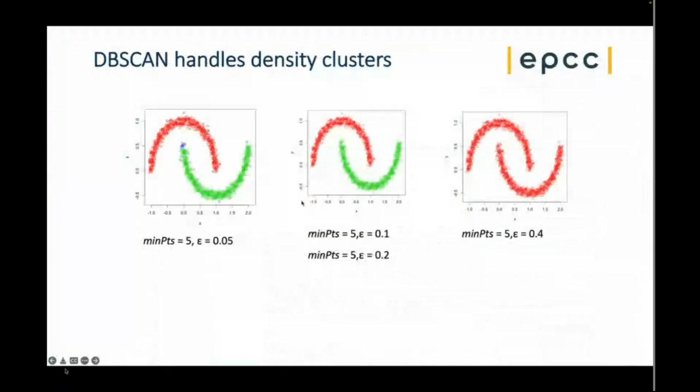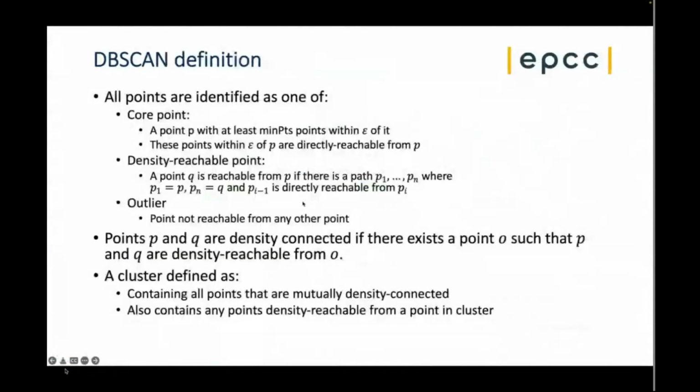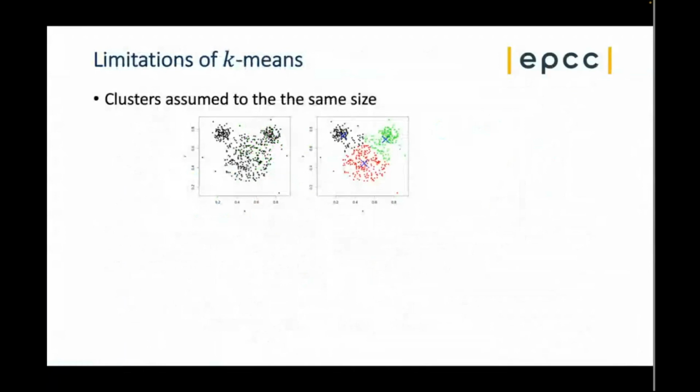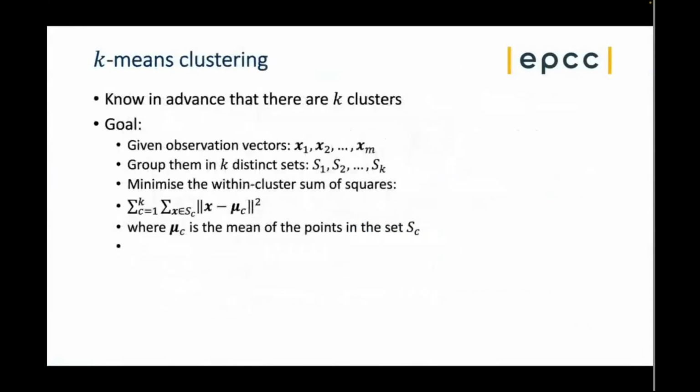I'm talking about within cluster sum of squares and between cluster sum of squares, just to give one other sort of, what do I mean by that? Here, I'm looking at all the points within a particular cluster and adding up the distance of those points from their mean.